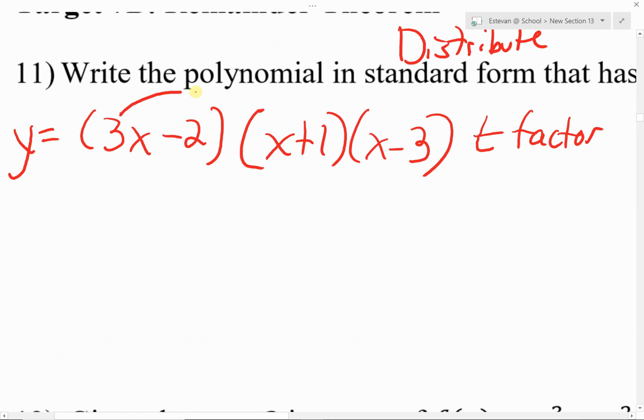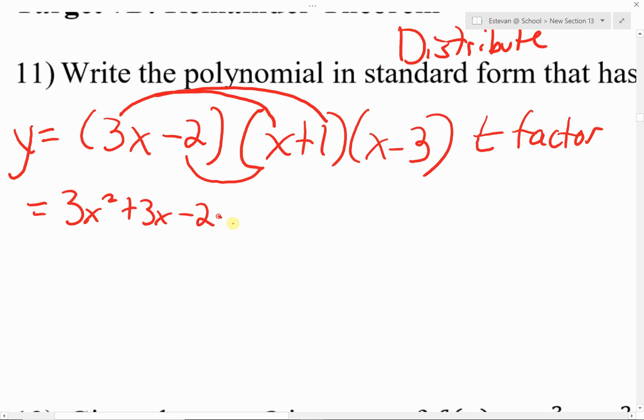We just distribute 3x times x gives me 3x squared. 3x times 1 is 3x. Negative 2 times x is minus 2x. Negative 2 times 1 is minus 2. Since I could only distribute two groups at a time, I had to close the parentheses, and the factor I did not distribute, I just bring it down.